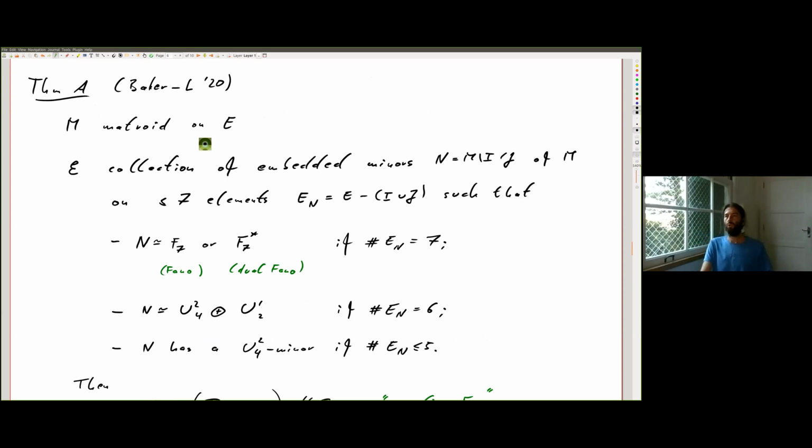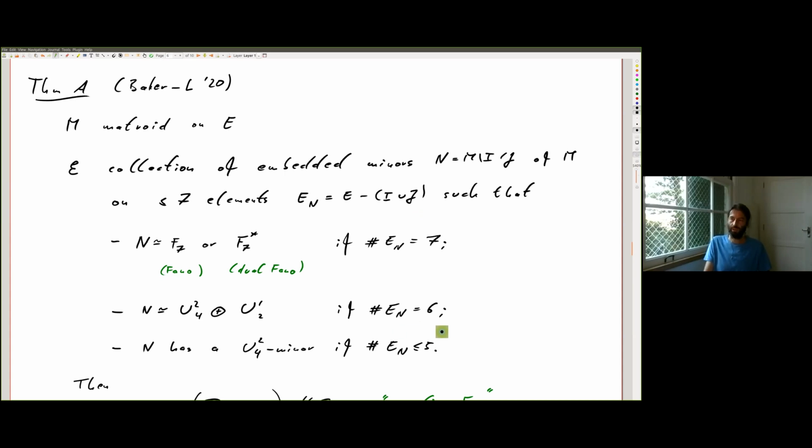If we have a matrix M on ground set E, then we define the collection script E of all embedded minors N, which are equal to M excluded I contracted J of M, on at most 7 elements with ground set E_N, which is E minus I minus J, such that when N has 7 elements, it's isomorphic to a Fano matrix or a dual Fano matrix.